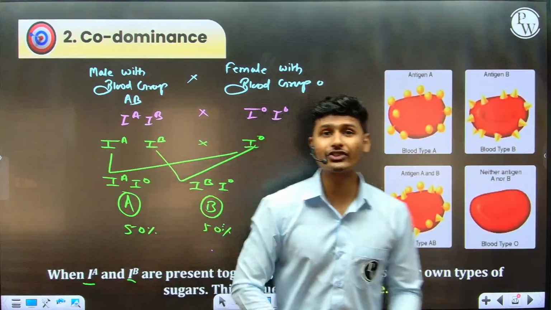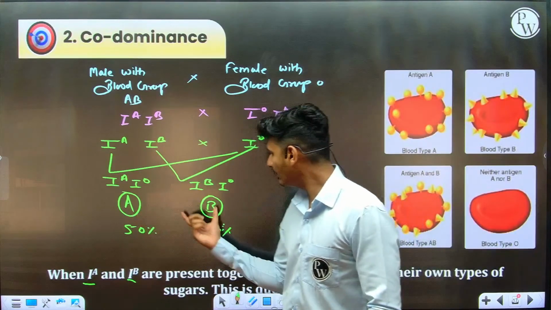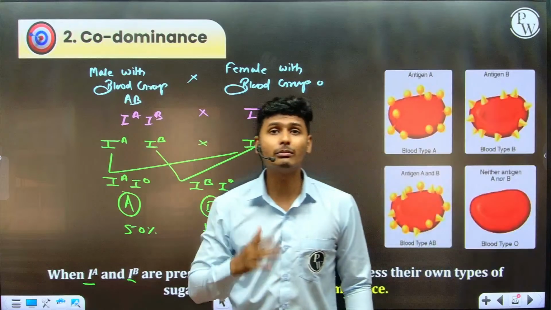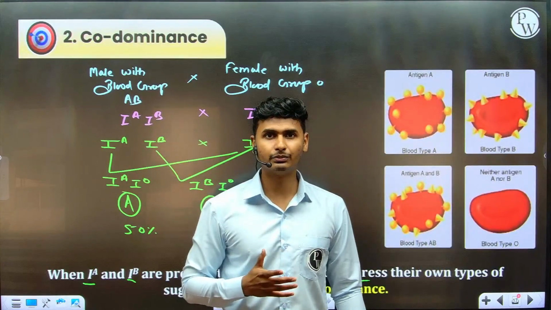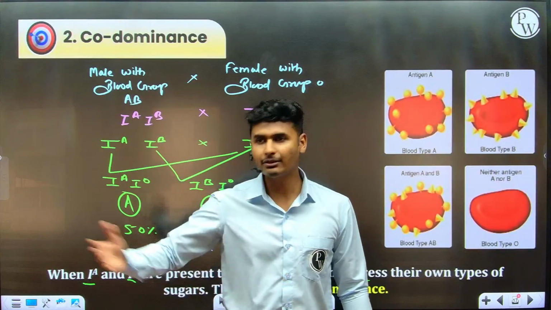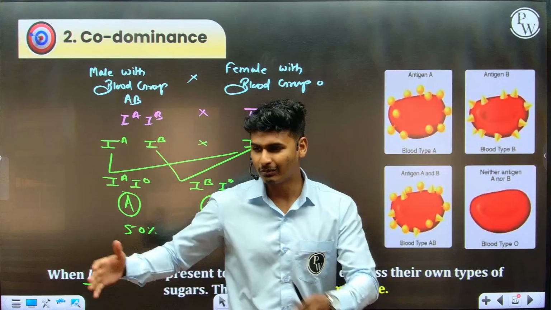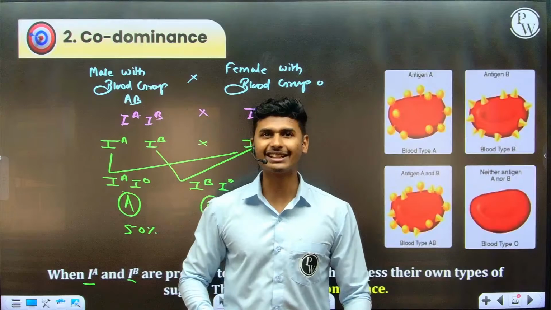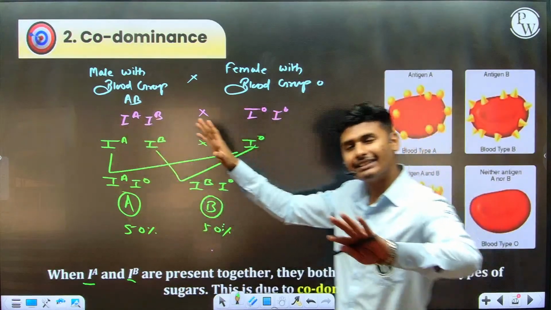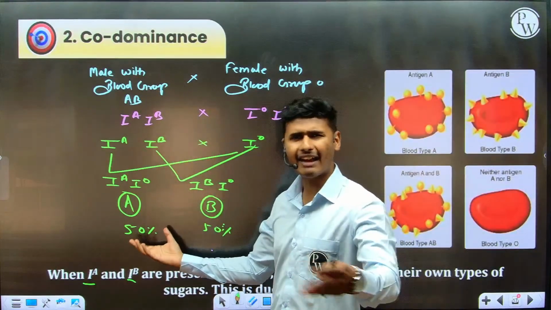In that cross, the children have blood group A and B with parents of blood group AB and O. If there is no matching of blood group with your parents, it does not mean you are taken from any garbage bin. There is a reason behind that. There is a possibility that if parents have different blood groups, the child can have a different blood group.